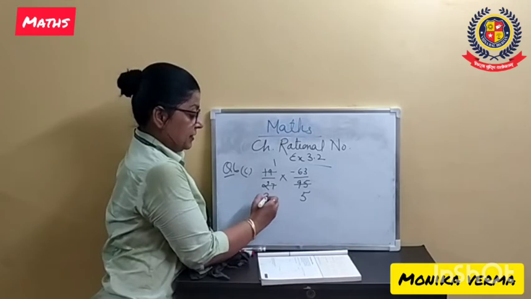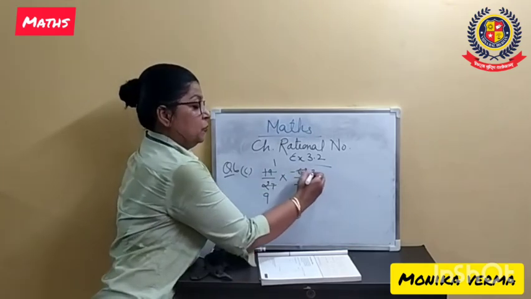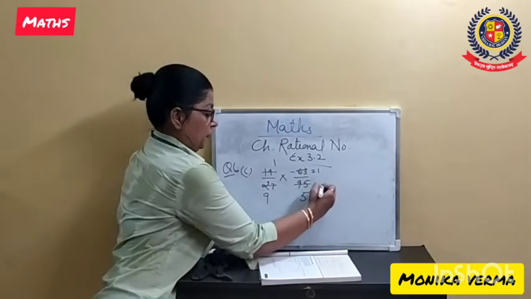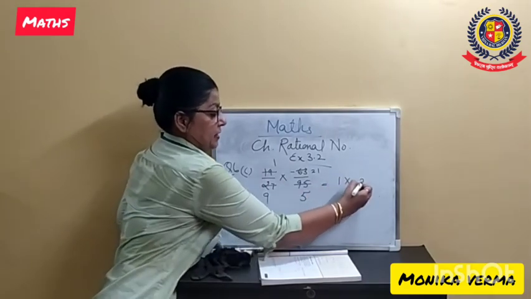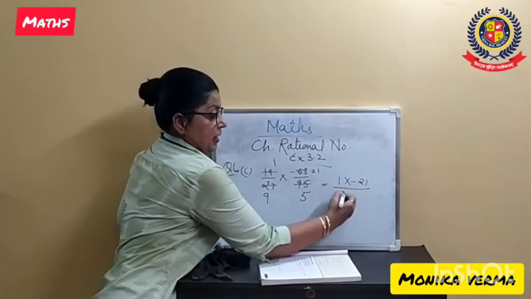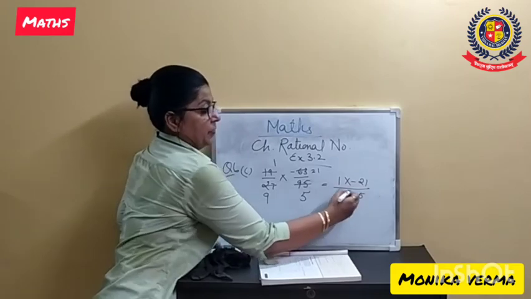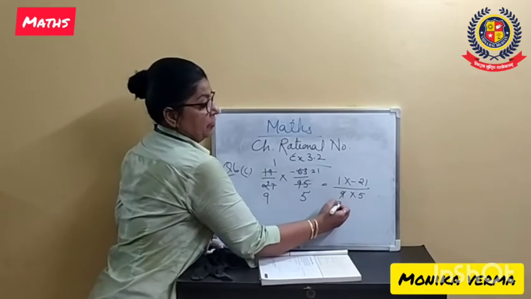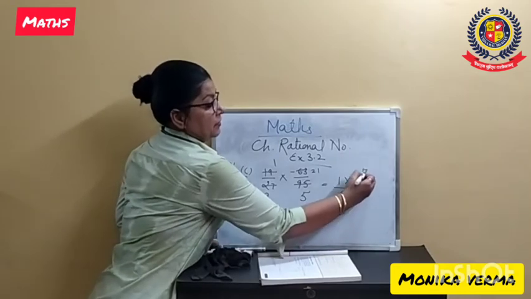Now 3 nines are 27, 3 twos are 6, 3 ones are 3. What did we get now? 1 into minus 21, 9 into 5. Now 9 and 21 can further be reduced. 3 threes are 9, 3 sevens are 21.